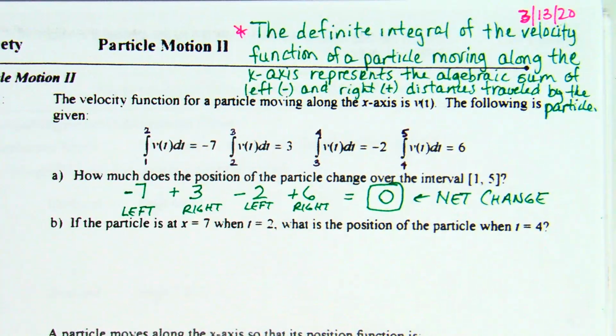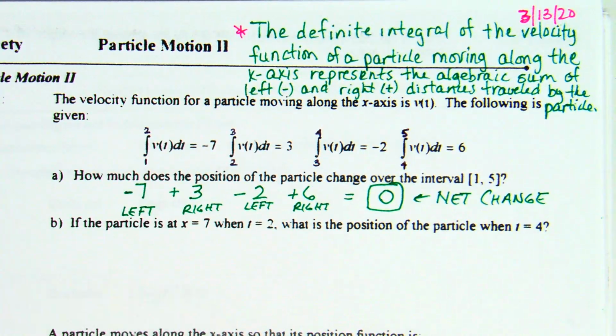Okay. B. If the particle is at x equals 7 when t equals 2, what is the position of the particle when t equals 4? So you just add them together from 2 to 4, and then add that to 7.